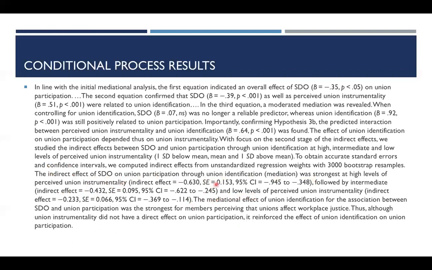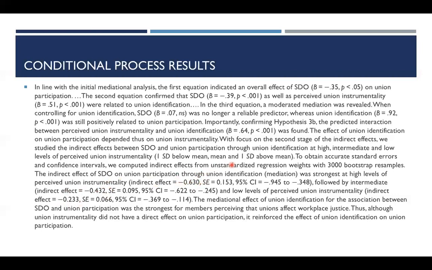When they're saying high levels of instrumentality, they're probably doing 1 standard deviation above the mean, and you can see that this effect, 0.63, is larger than the moderate levels, 0.432, and the small levels, 0.233. So this is how they're saying that mediation is strongest when people feel that the union is most useful, and then it gets weaker the less people feel the union is useful.